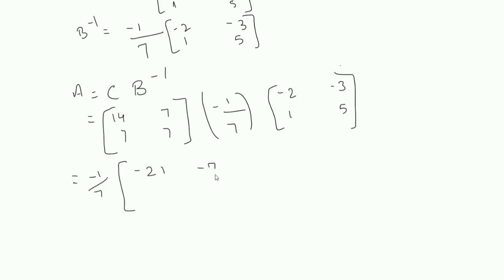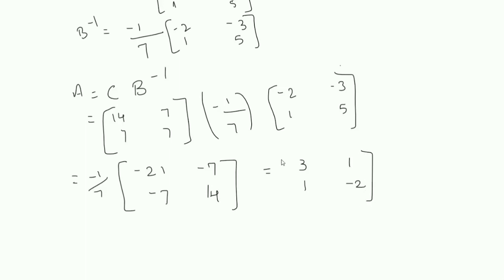Second row and first column: minus 14 plus 7, that is minus 7. Second row and second column: minus 21 plus 35, so it is plus 14. Everything is divisible by 7, so divide everything by minus 7. So you get [3, 1; 1, minus 2]. That is your matrix A.